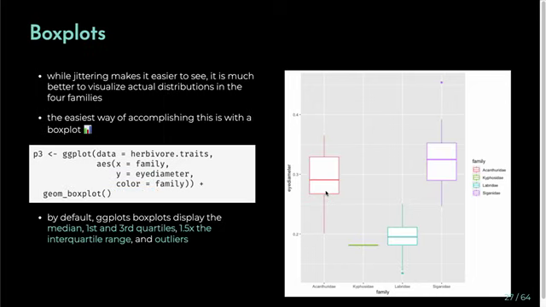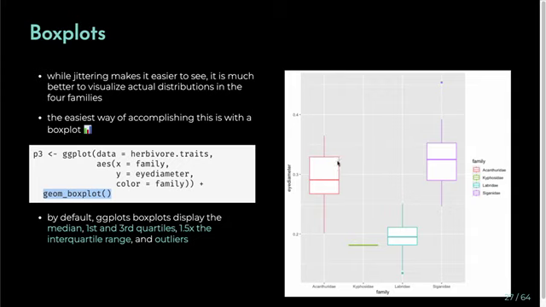And the first one we're going to look at are the box plots. So this is a very typical way of displaying data distributions within categorical grouping variables. And what we're going to do here is simply, instead of geom_point or geom_jitter, use the geom_boxplot function here. Now, box plots are very commonly used. A lot of people don't actually know what these boxes mean. This horizontal line here is always the median.